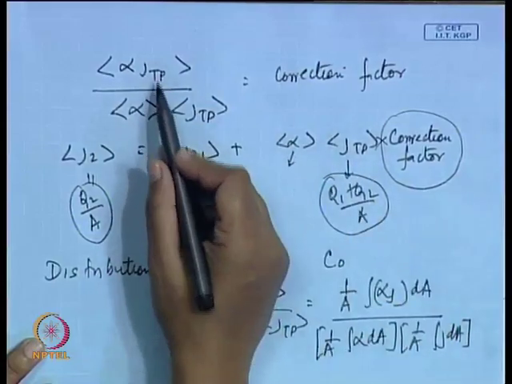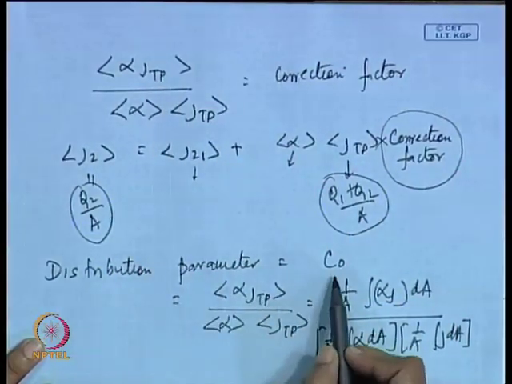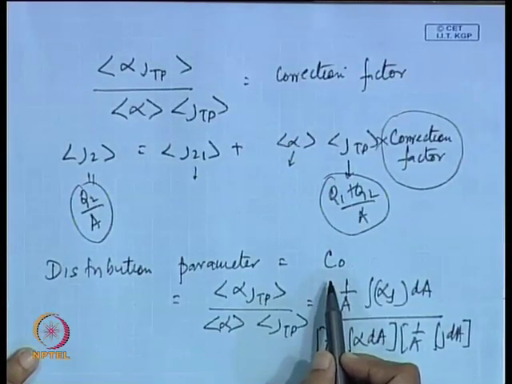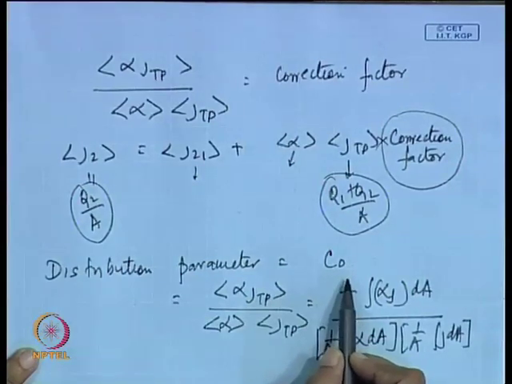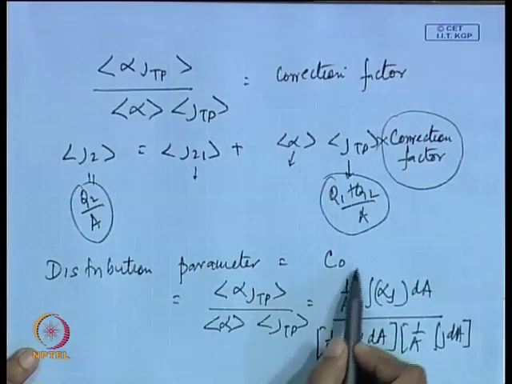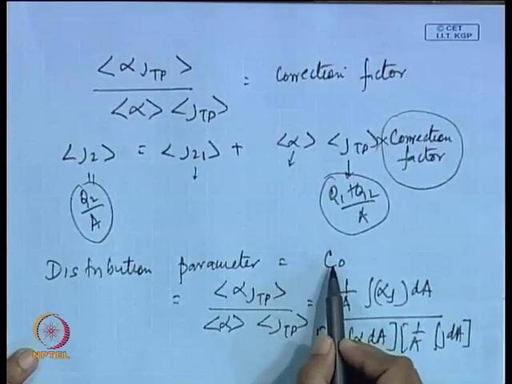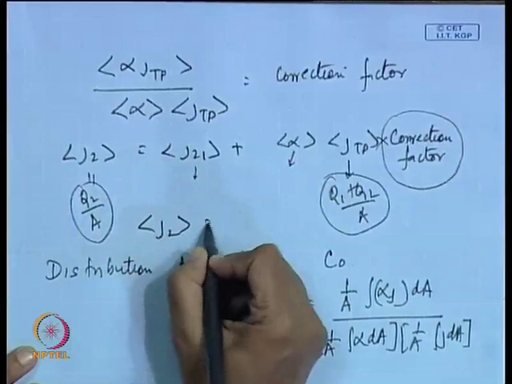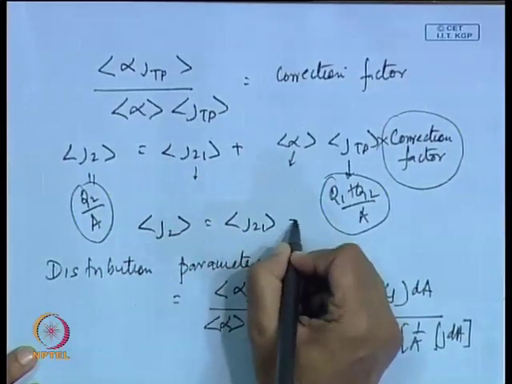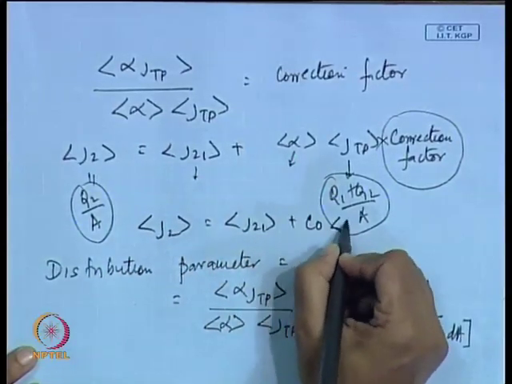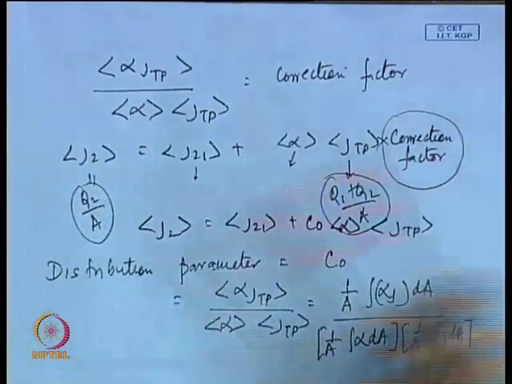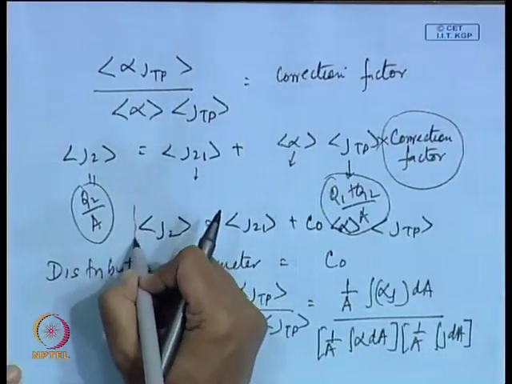This correction term is defined as a distribution parameter, or a Zuber and Findlay parameter, since they were the first researchers to propose this concept for two phase flow. This makes the form of the equation now become something of this sort.